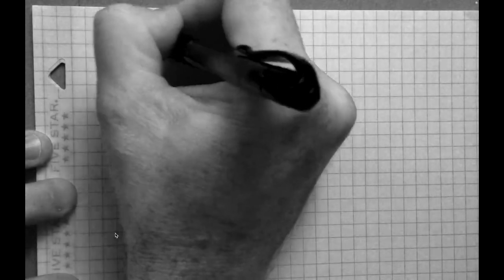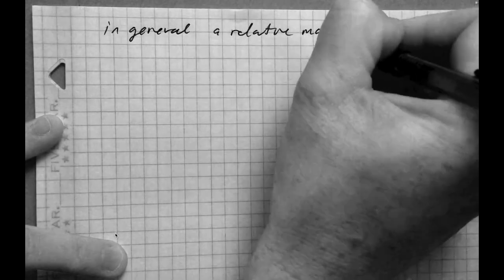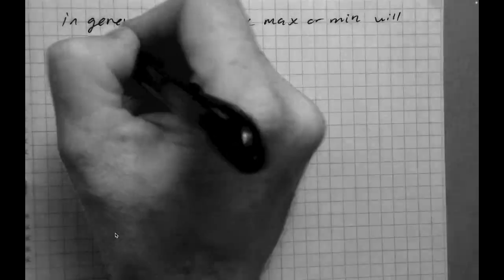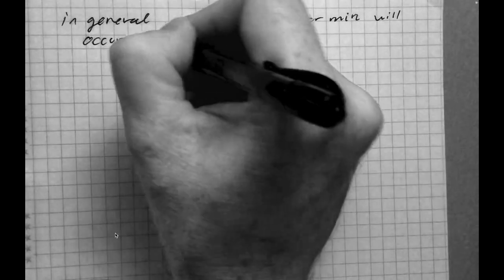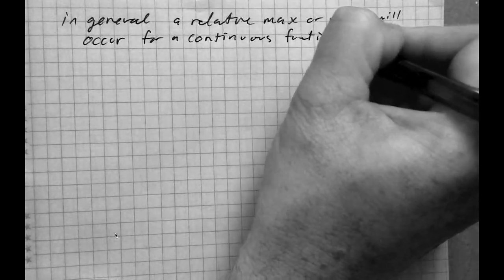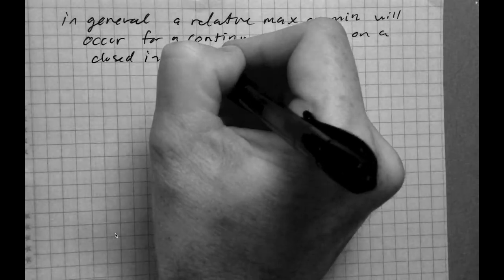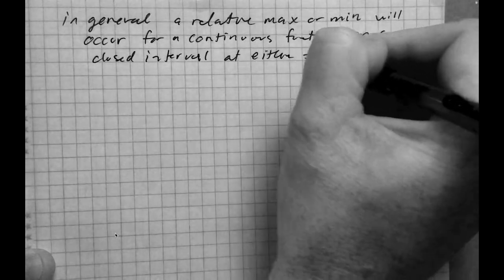In general, a relative max or min will occur for a continuous function on a closed interval at either the endpoints, right?